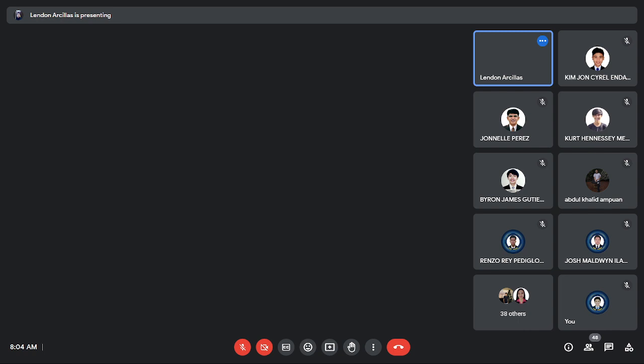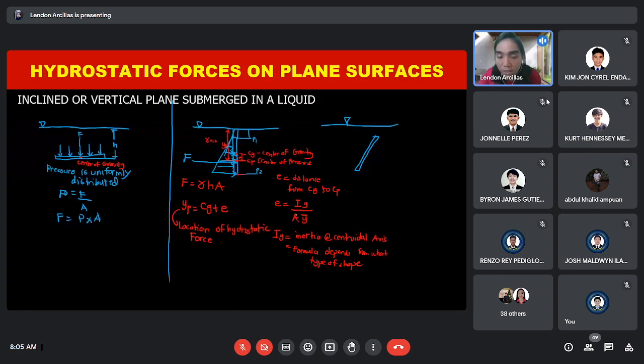And that is the location of the hydrostatic force. Okay. So therefore, the location of the hydrostatic force for vertically submerged, pag nasa surface yung object, that is the CG plus E. Okay, to find the value of E, madami ka pang pagdadaanan na formula. So IG or the inertia centroidal axis over the area ng object, of course, times the centroid. Okay.